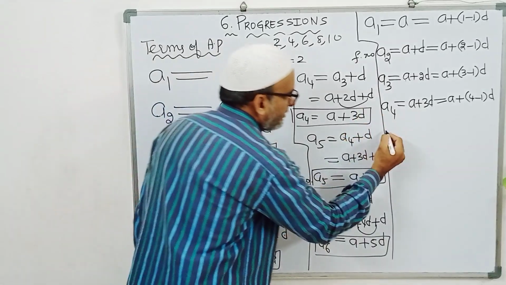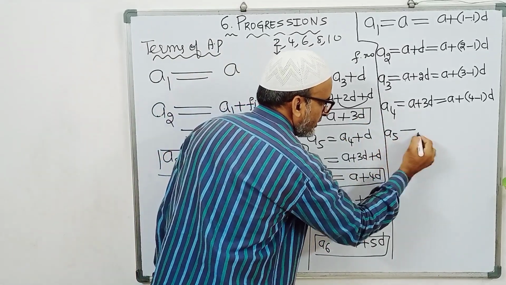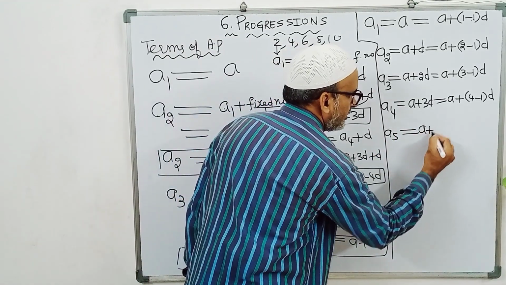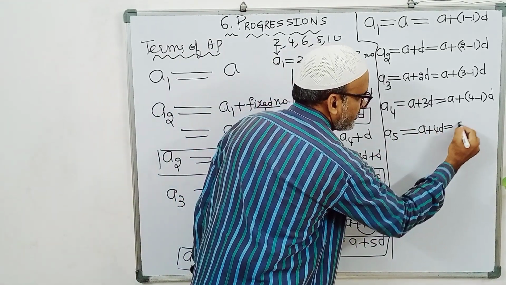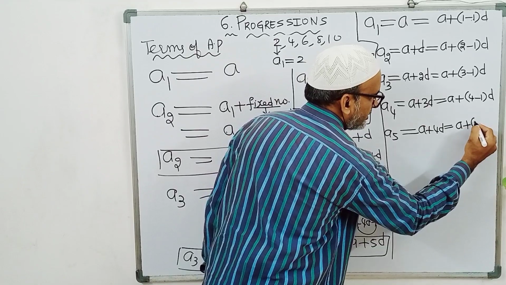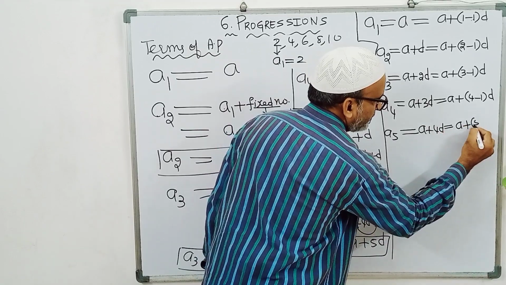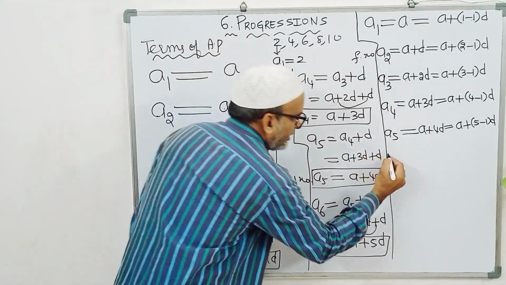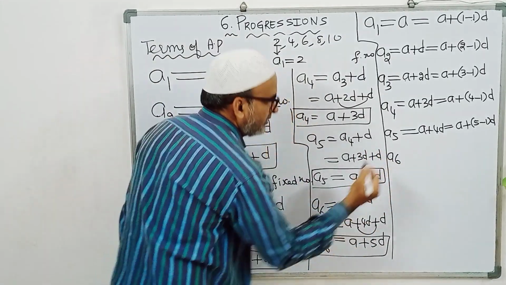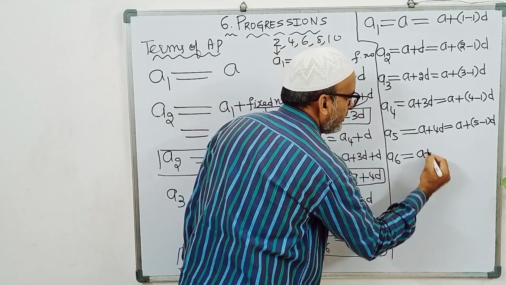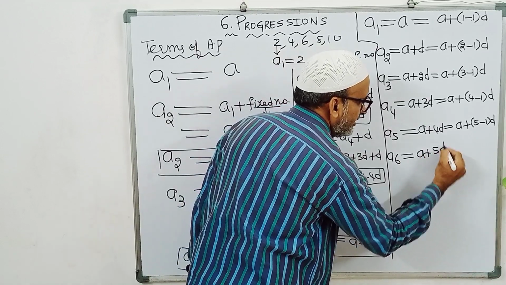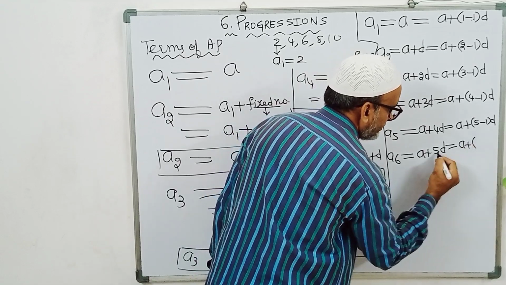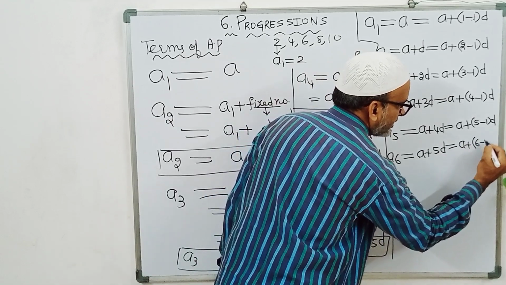Next is A5, equal to A plus 4D. Can I write this as A plus (5 minus 1) into D? Like that only, A6 is equal to A plus 5D. Can I write 5 as (6 minus 1) into D?